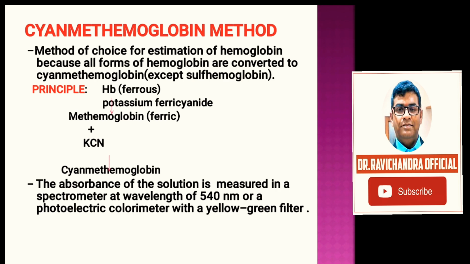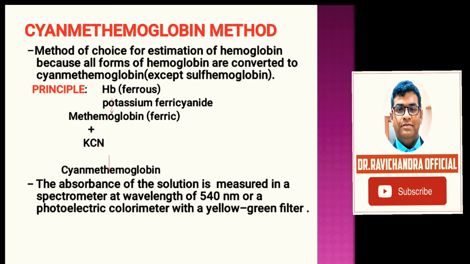Now coming to the cyanmethemoglobin method. It is the method of choice for estimation of hemoglobin because all forms of hemoglobin are converted to cyanmethemoglobin except sulfhemoglobin.